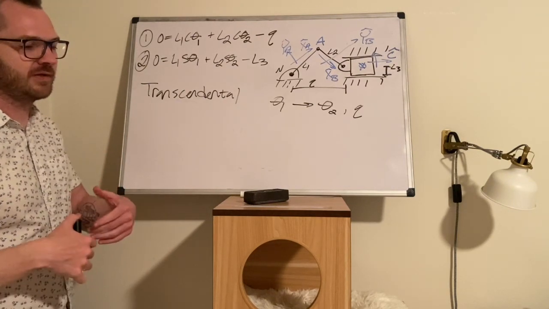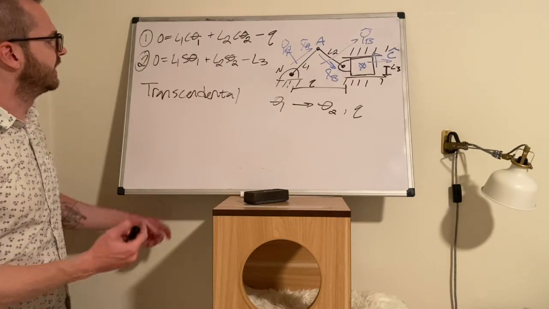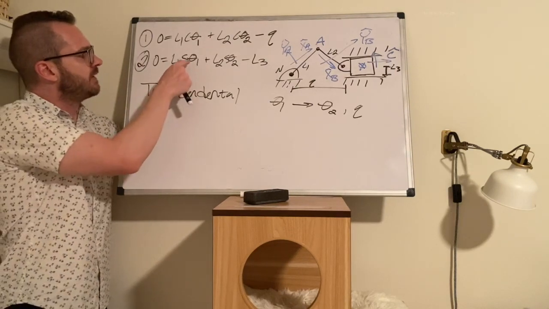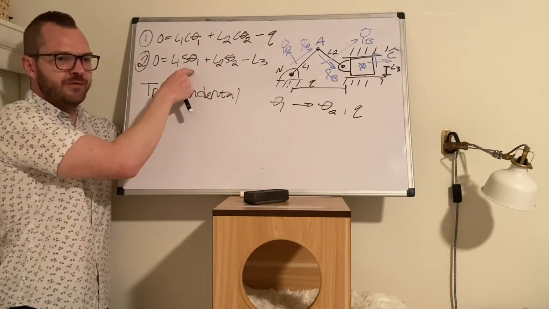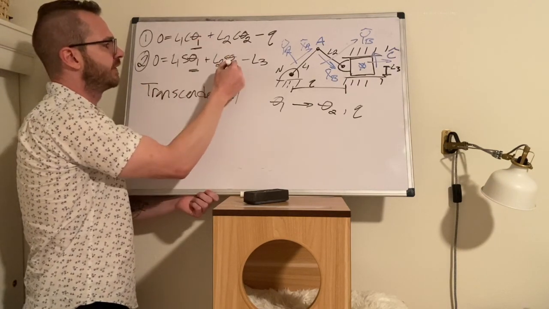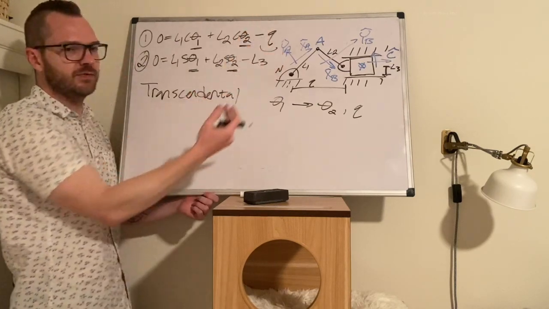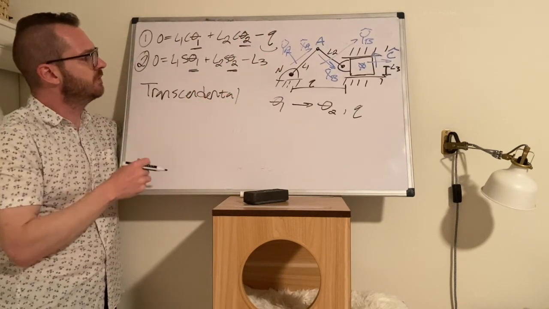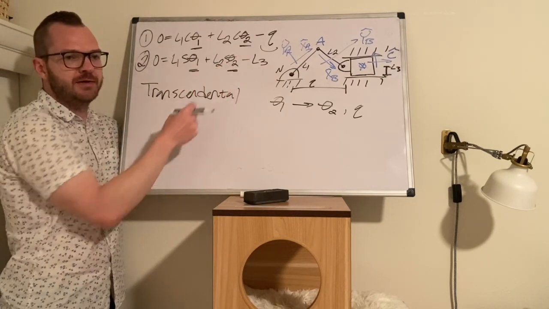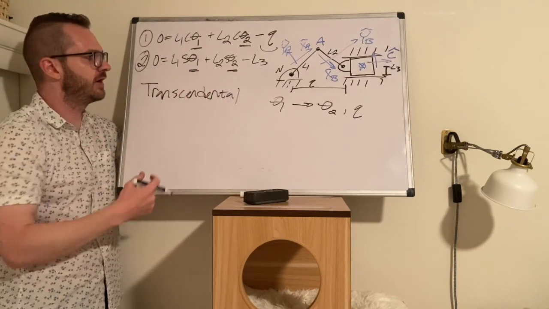It really just means they transcend normal trigonometric equations, or normal algebraic equations, etc. Notice that the unknown variables are inside of these trig functions, right? Obviously the q is just kind of by itself. But if you were going to solve for this theta 2, for example, let's say you're going to use equation 2 and you're going to try to solve for theta 2.